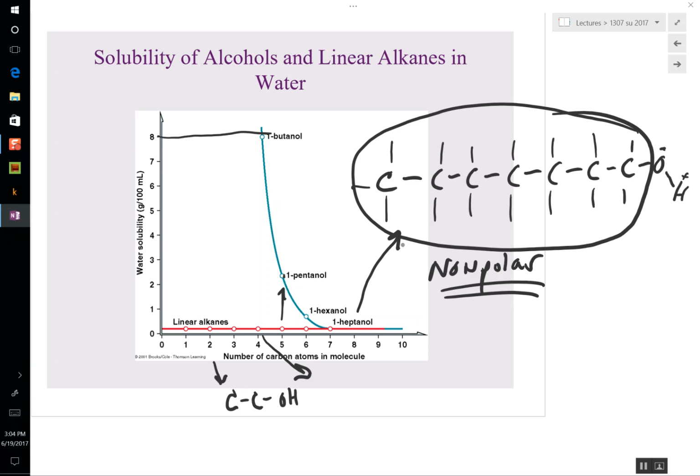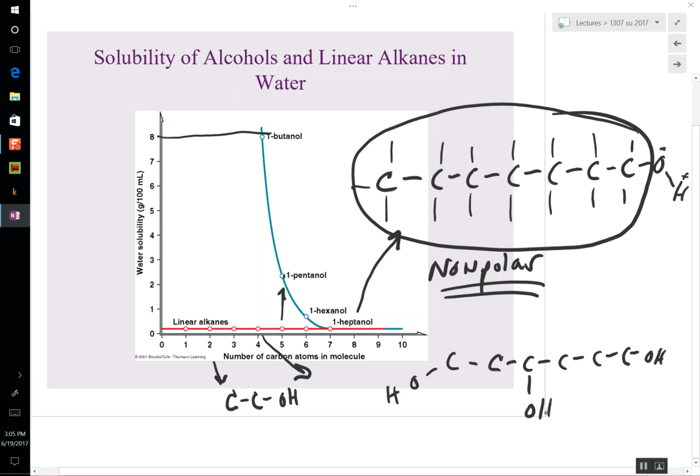Now, if we put more OHs on this molecule, it will increase its solubility. So here's 7. There's 4, 5, 6, 7. If I put an OH here, if I put an OH here, and I put another OH right here, even though I've got a long chain, 7 carbons long, I now have 3 OHs for those 7 carbons.